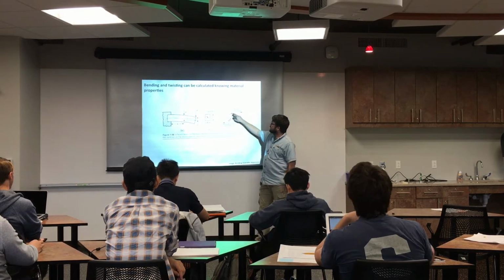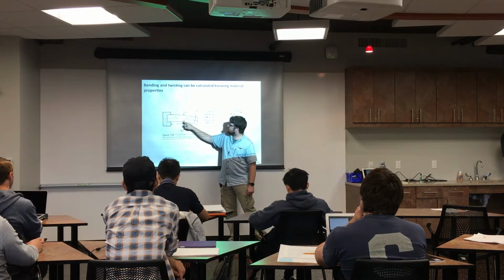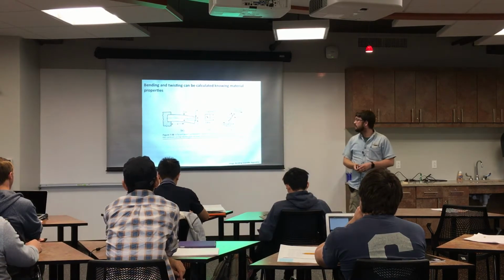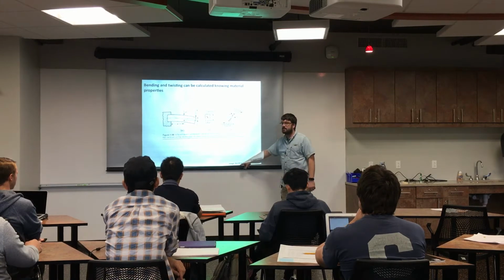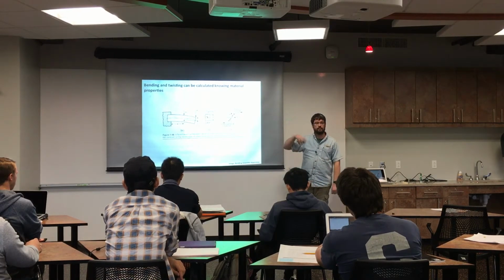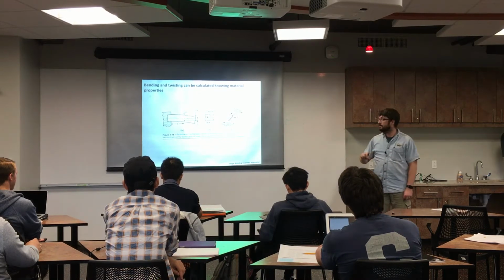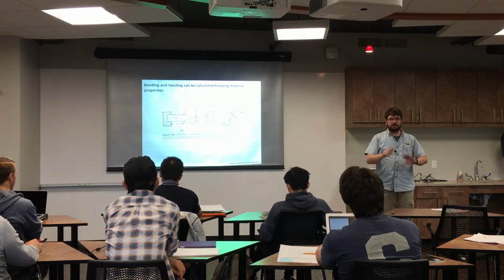And as it's bending on the top here, we have tensile stresses, and here we have compressive stresses. There will be some formulas. You can get this book, Building Scientific Apparatus, that you had to read the first chapter of for the first week of the class. You can get it online from the library, and they have all of the analytical formulas for the simple geometries in there. You can find them online too.